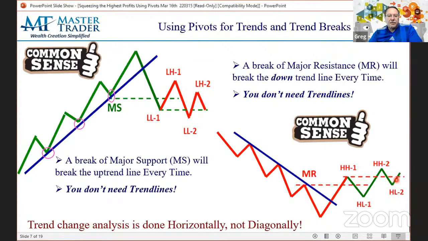Now, if we do that, and it continues to make higher highs and higher lows, of course, that's the uptrend. So breaking this line doesn't mean that it violated any support. And that's the subjectivity of trend lines.